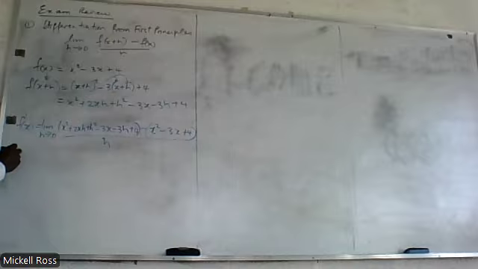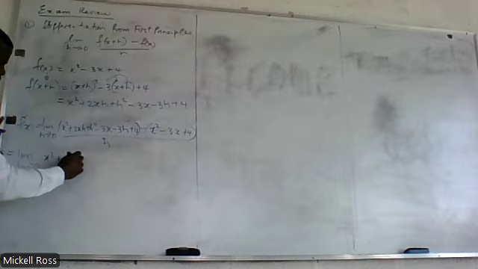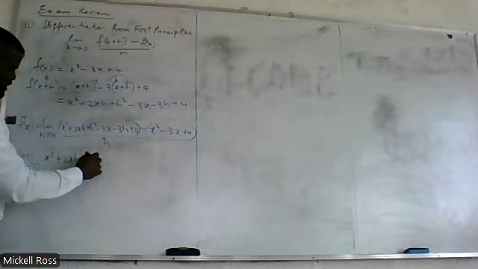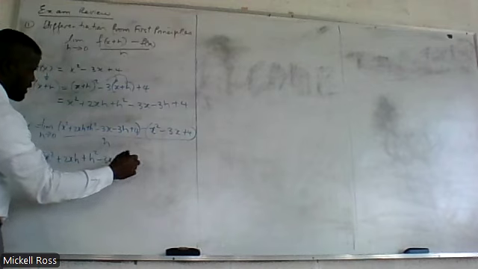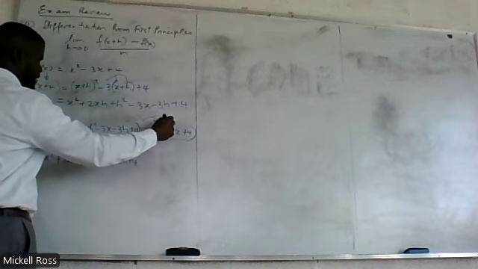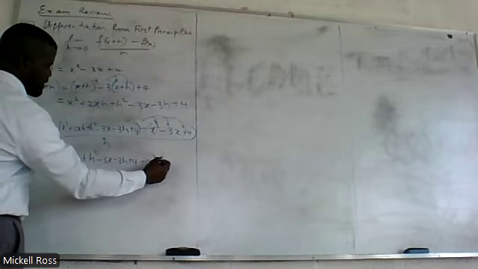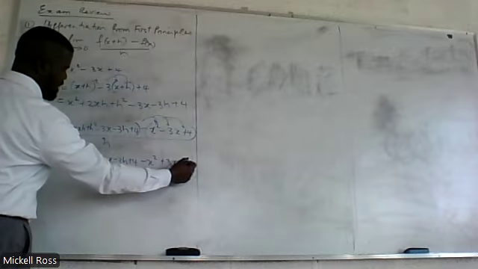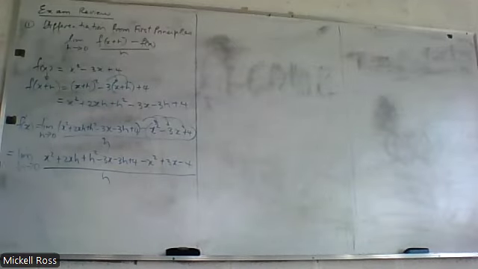So this is going to be equal to the limit as h tends to 0 of x squared plus 2xh plus h squared minus 3x minus 3h plus 4, and the negative will multiply the bracket, so we get minus x squared plus 3x minus 4, all divided by h.